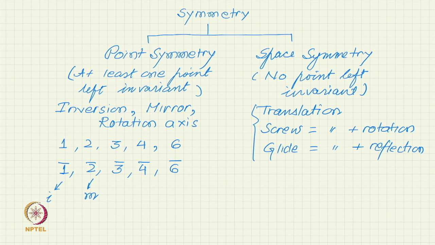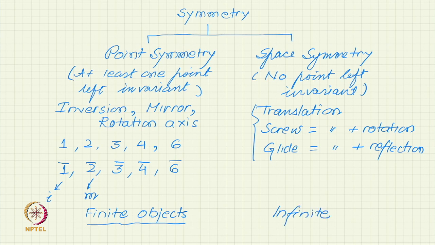Point symmetry always will be finite; finite objects can only have point symmetry, because if you translate a finite object it will move from one place to another place. So, that is not self coincidence. Space symmetry has to be for infinite objects.